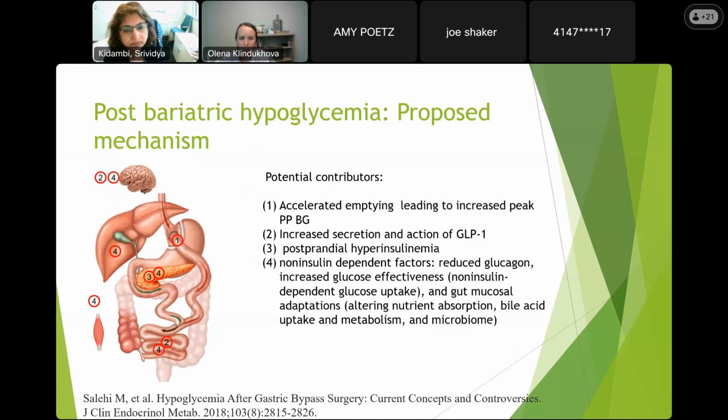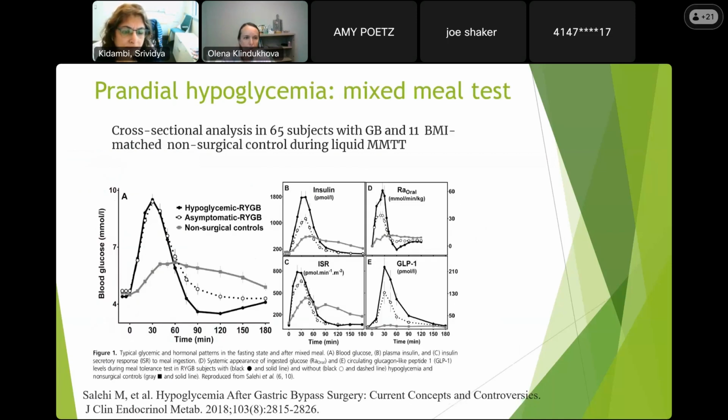Along the line, those patients would have reduced glucagon and increased glucose sensitivity. Obviously there is a lot of research going on in the gut microbiome, and that may potentially be one of the factors.